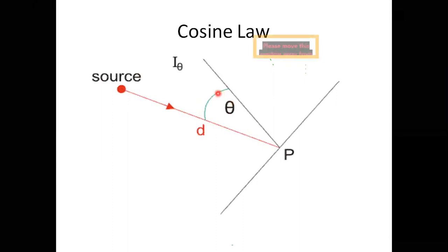And now you can see the cosine law. The law states that the illuminance at a point on a plane is proportional to the cosine of the angle of light incident. It means if you put a plane which is directly perpendicular, and if you tilt it by the angle theta, then it is directly proportional to cosine of theta.